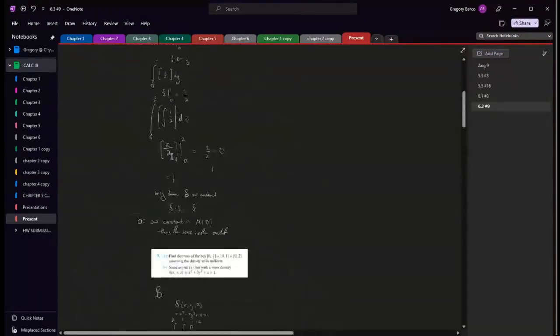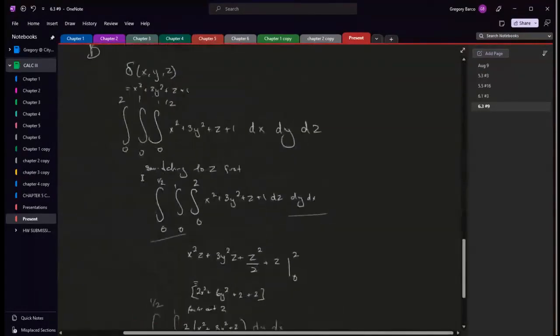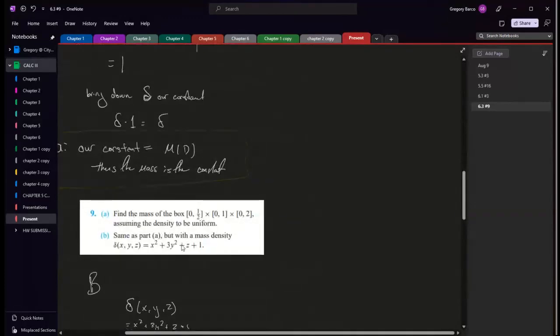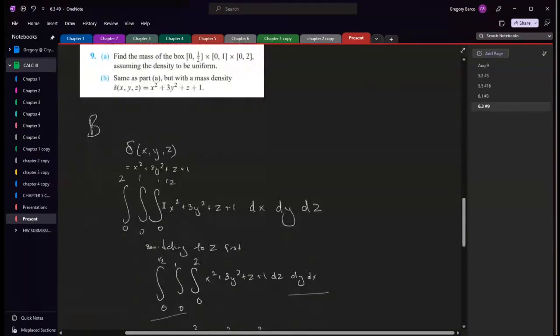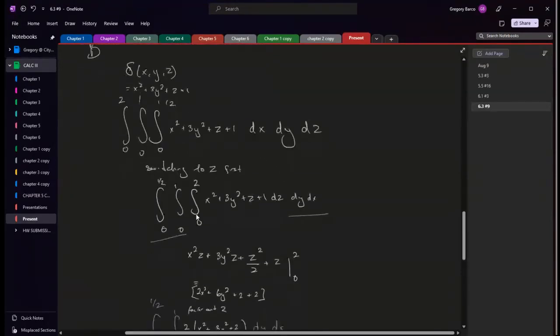And so for part B, we have the same question, but now we're actually given values for x, y, z for this function, and here is the function labeled. We can set up our integral again the same way, but this time we actually have a function to integrate, so there's no moving delta outside.